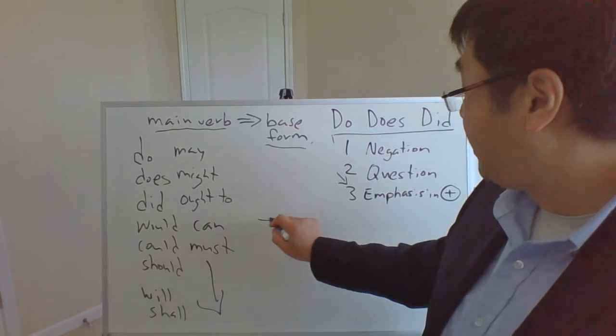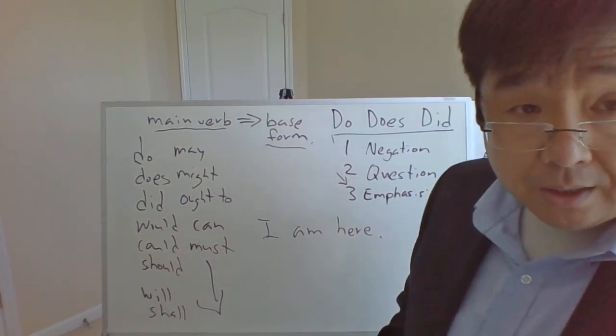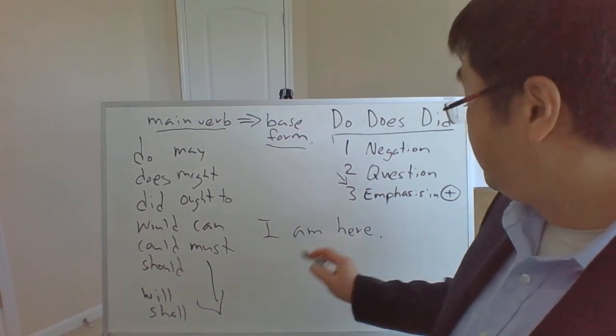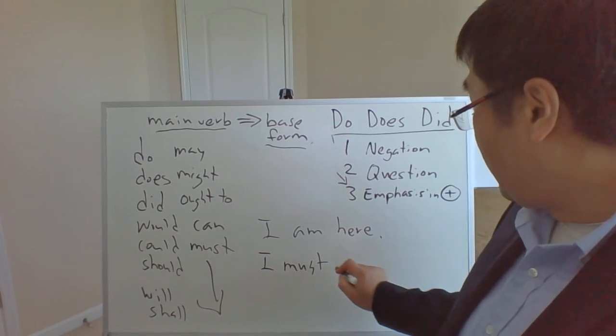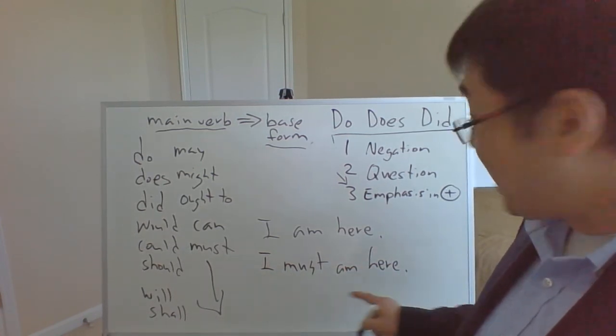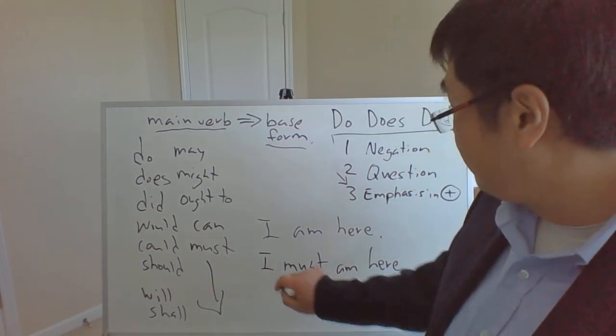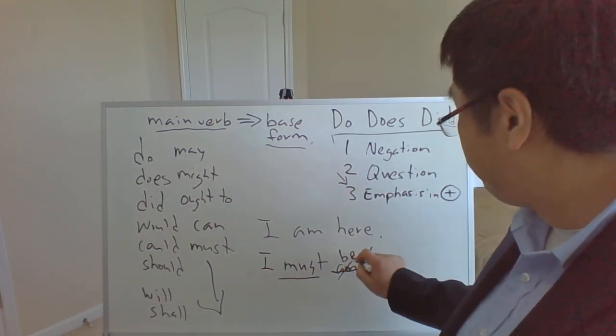So, for example, if I say I am here, and I change that and put a must there, I must what? You say I must am here? No, when you use that modal, you gotta use the base form. I must be here.